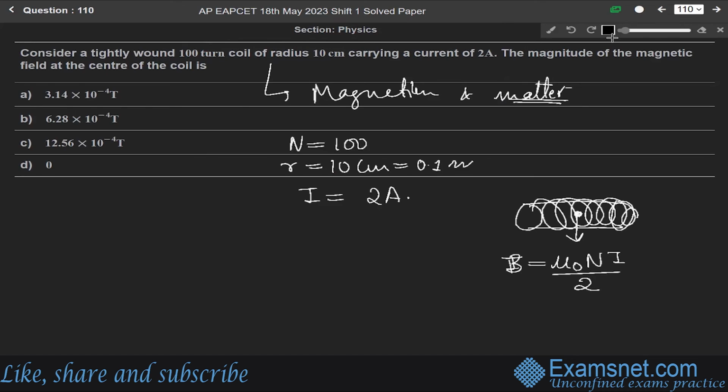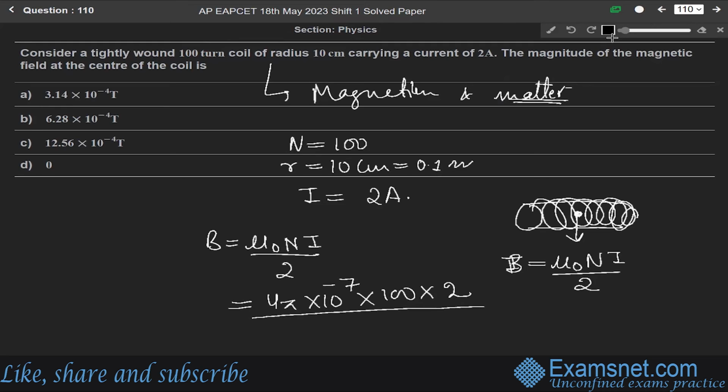Okay, so putting the values of all these parameters in this, we will get the desired answer. Mu naught is 4 pi into 10 to the power minus 7. Capital N is 100. Current is given as 2 ampere over 2 into r, where r is 0.1 meter.